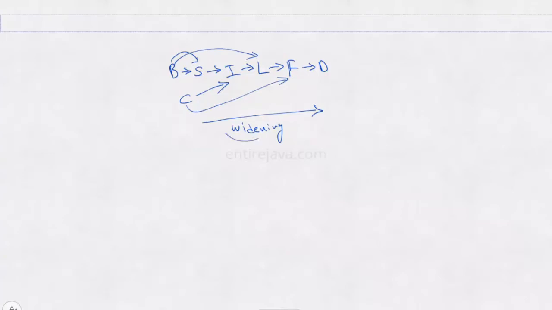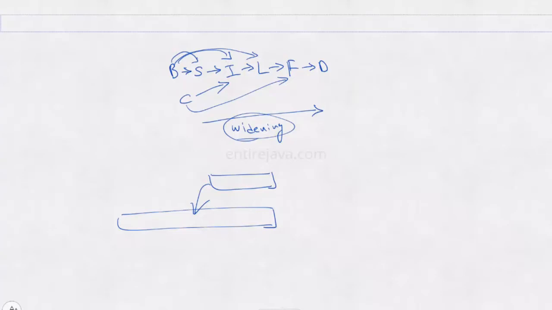And the name widening makes sense because byte takes 8 bits of memory, whereas int takes 32 bits of memory. And like I've already mentioned, you can easily insert a 1 liter container in a 10 liter container. In a similar fashion, the 8-bit memory is actually widened to a 32-bit memory. So essentially we have widened the space.